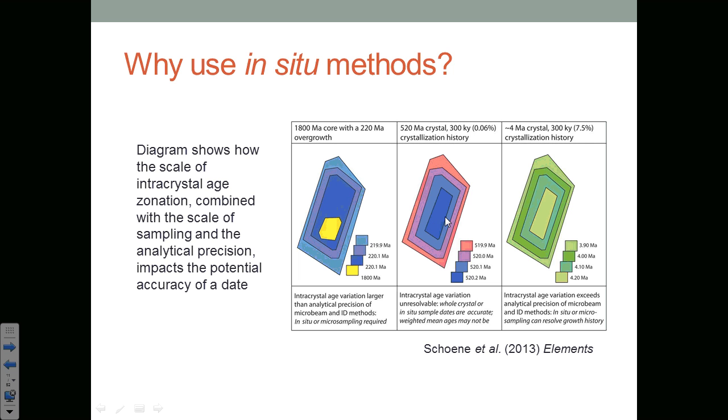You could do a similar sort of thing if you had zoned progressive growth over a period of time in a crystal, as long as that progressive growth is on a time scale that's resolvable within the error of your analytical technique. So the in situ methods are fantastic for complicated rocks, and most metamorphic rocks tend to be complicated rocks.